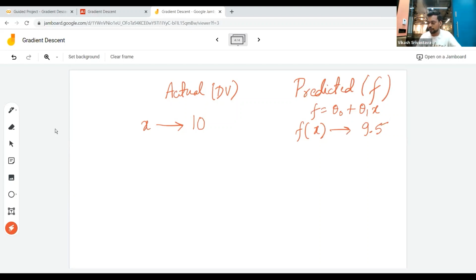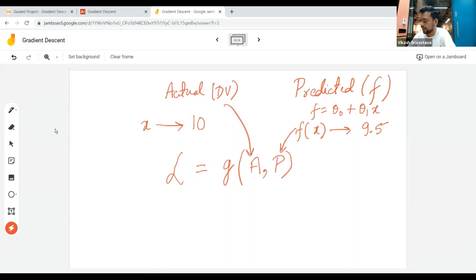The goal of any machine learning algorithm is this: we have a loss function, let's say defined as L. It is a function of dv, the actual value, and a predicted value, which is coming from f. Of course, in f we can assume any such thing. For example, it could be e to the power theta naught plus theta 1 x.